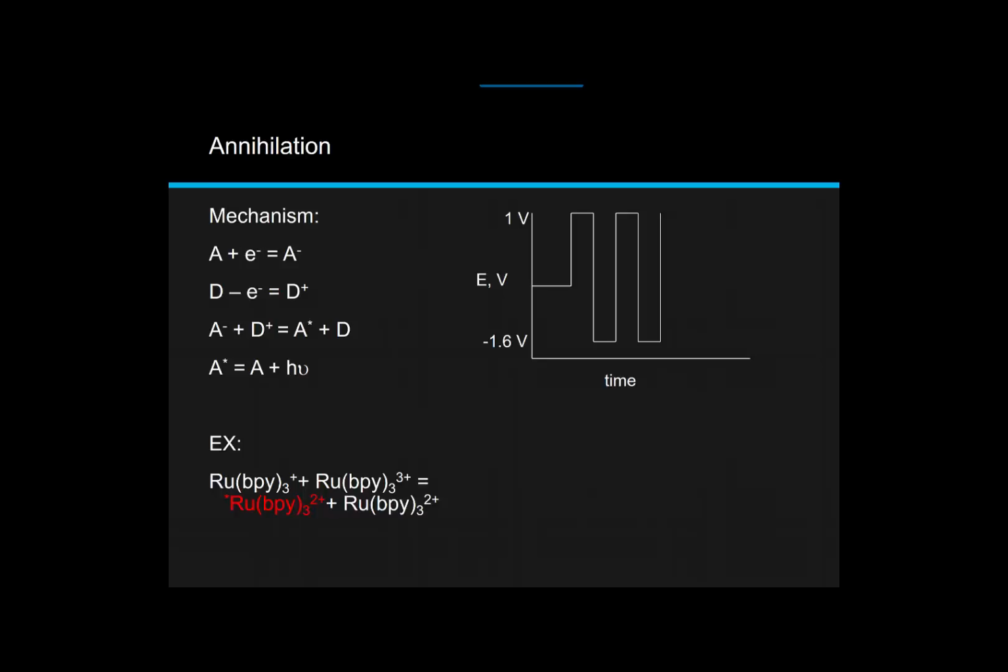We can generate ruthenium tris-bipyridyl 3+, the oxidized form of Ru(bpy)3 2+, and then we'll switch the potential in a reducing sense, so we'll generate near the electrode reduced ruthenium 1+. And that 1+ and 3+ species in close proximity at the electrode will react with one another and ultimately produce one photoexcited molecule of ruthenium tris-bipyridyl that's emissive. Hence, we have the ability now to detect. So now, how do we do detection of something interesting?